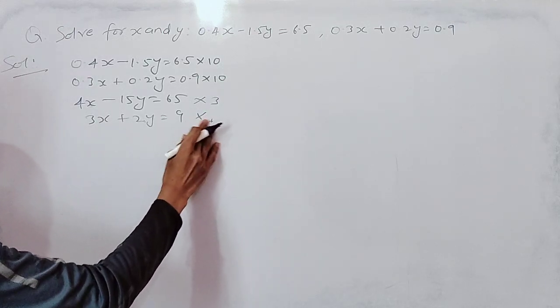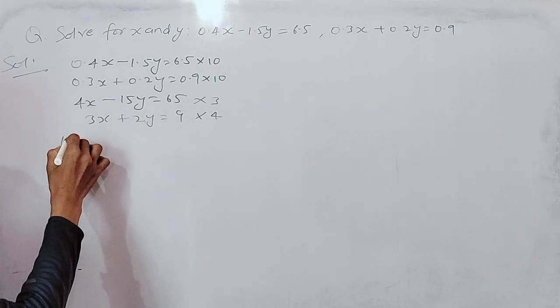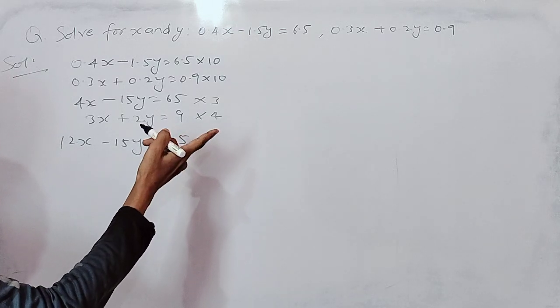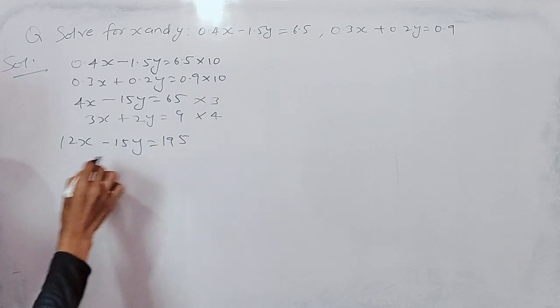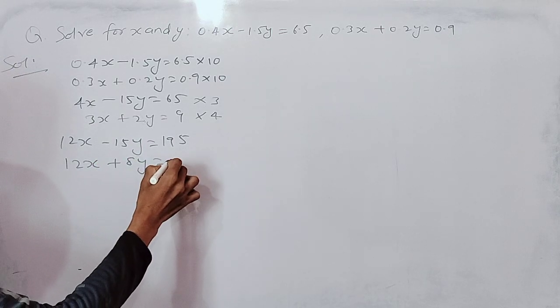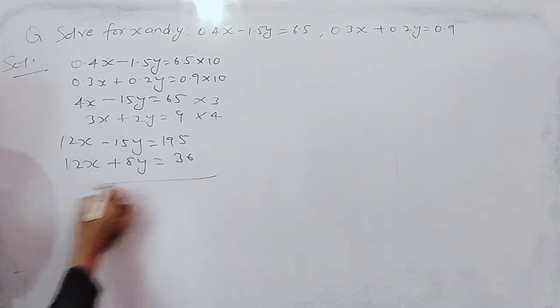Then let's see what happens. 4 5s are 20, 3 6s are 18, 4 3s are 12x minus 15y is equal to 90. Clear? 4 3s are 12x plus 4 2s are 8y is equal to 36. Clear?